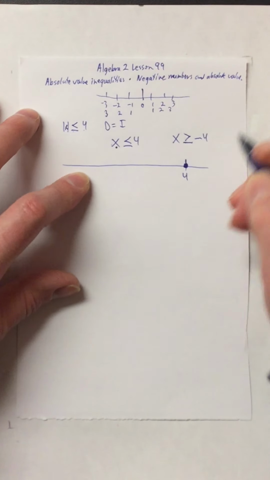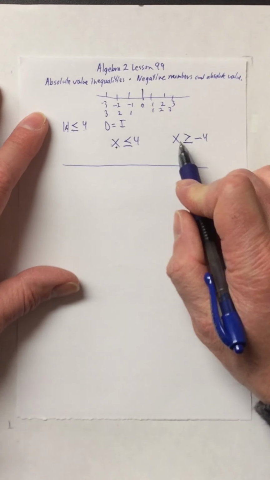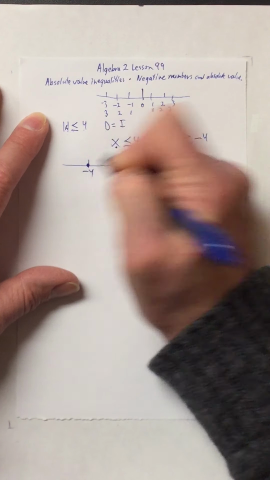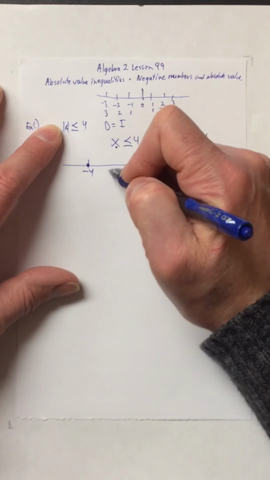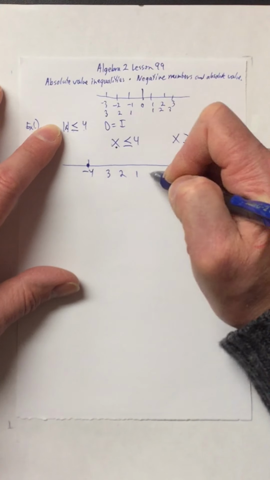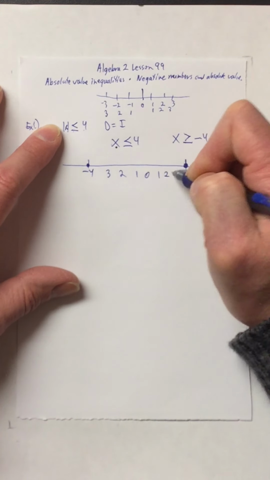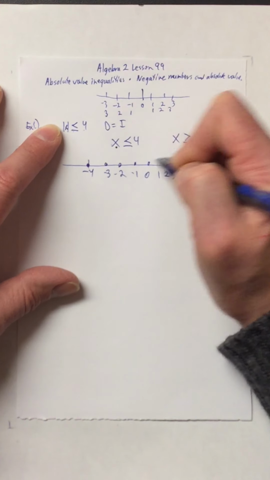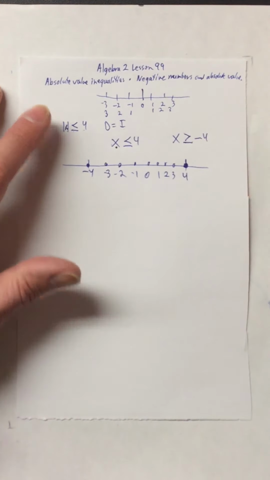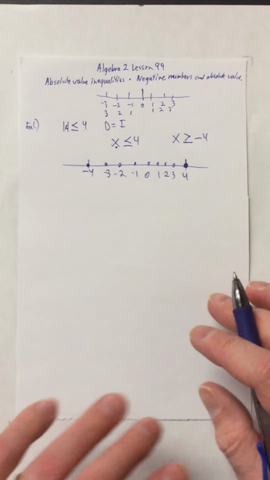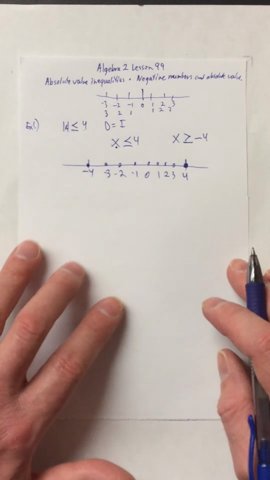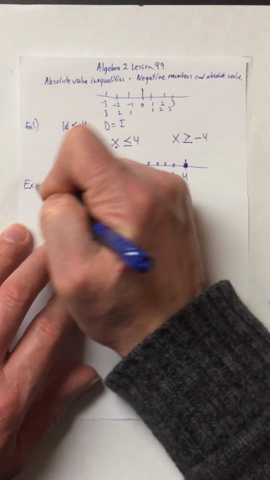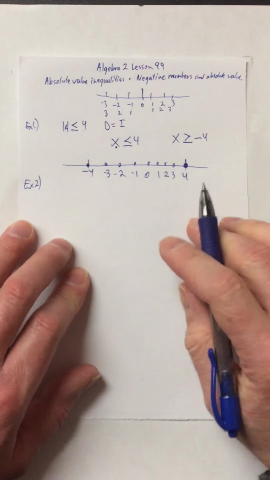We'll put a solid circle there, because it's equal to. And over here, x is greater than or equal to negative 4, so we put a solid circle at negative 4. It includes everything in the middle, so you fill it in like that. All right, a little tricky, but spend some time thinking through what numbers actually work inside there.